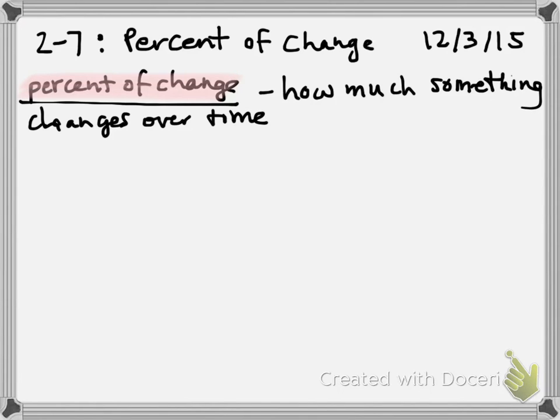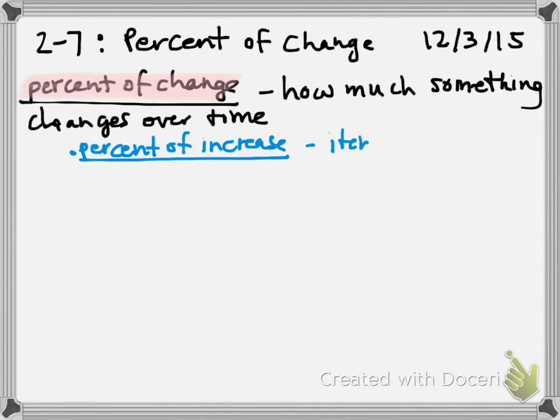And we have two categories of how things can change. So first we can have a percent of increase. So that would be the item increases over time.